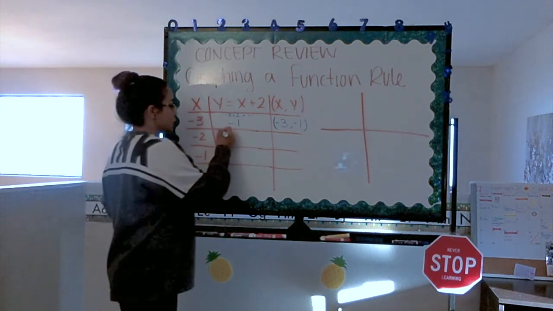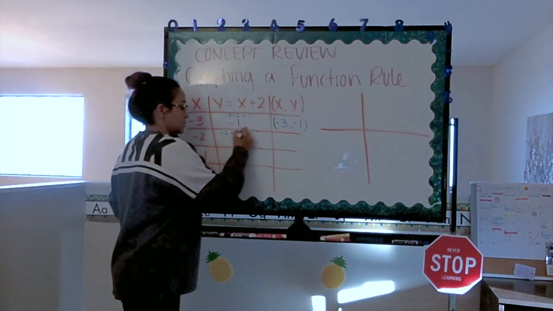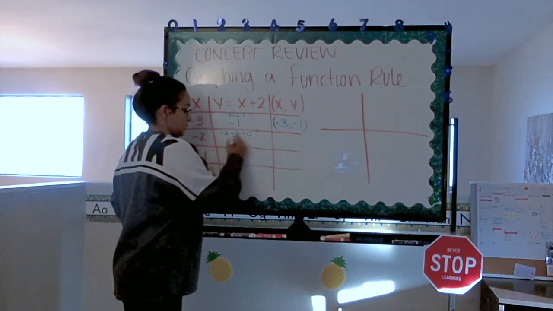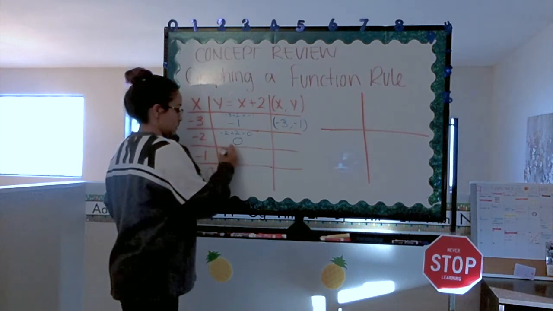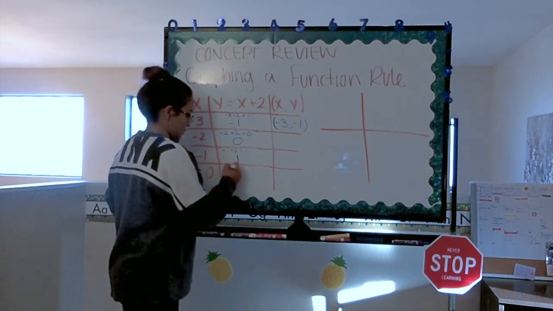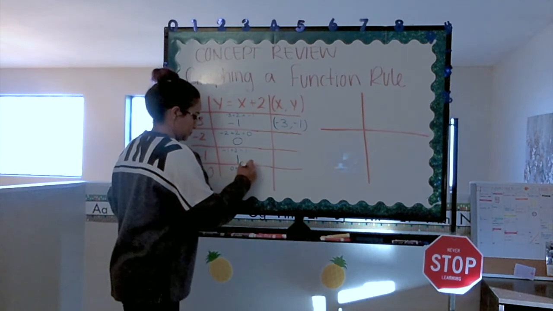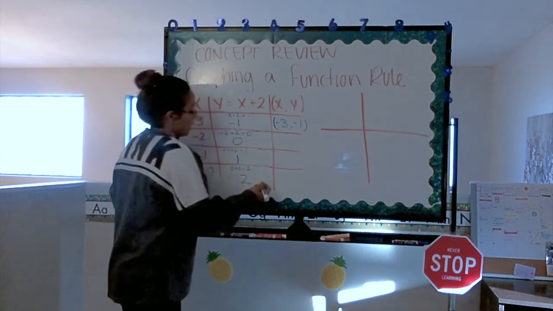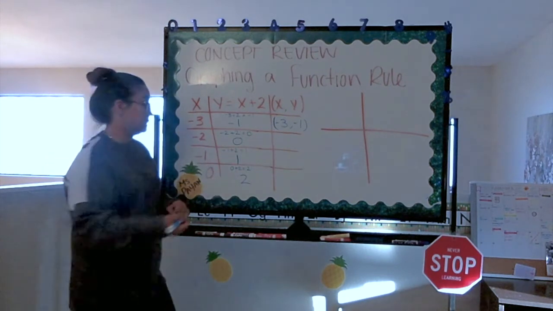Now let's just go through the next two, very quickly. And our following values are going to be 0, 1, and 2.